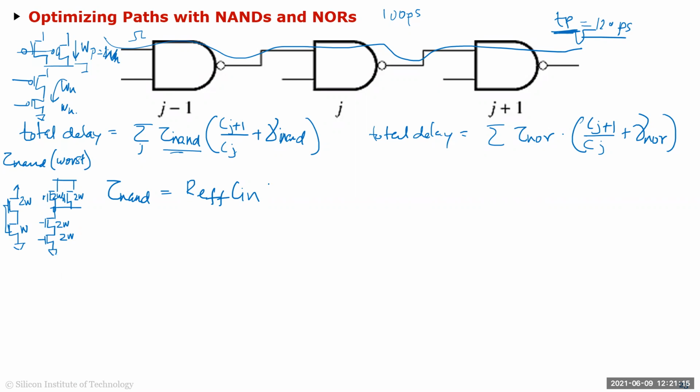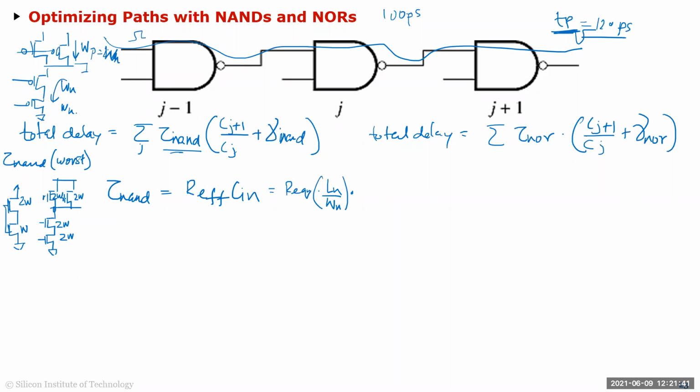So then R effective C in, I can write this as, and C in is going to be, so we'll have that R equivalent, just like we calculated before for the unit size, and Ln over Wn, because we're trying to keep both the L and P same, so we can take either one of them. And then the total cap, so total cap for each node, right?